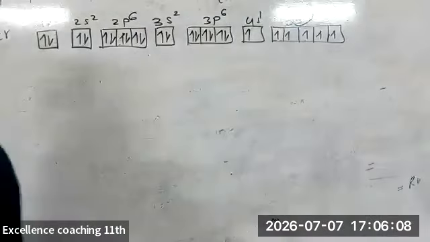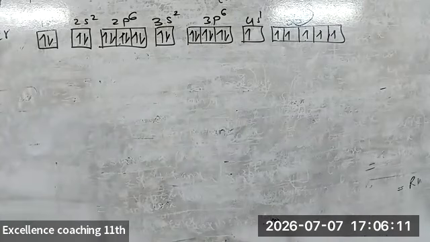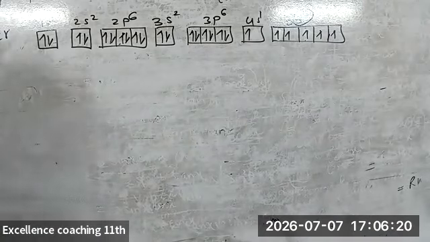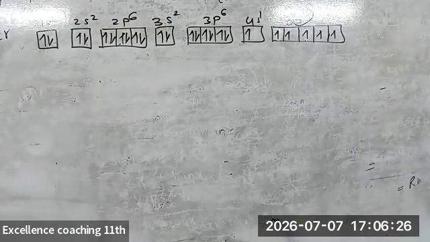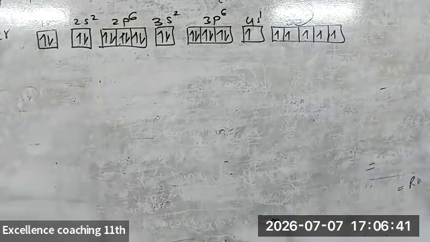As a result, one electron from 4s jumps to 3d, and chromium attains stable, half-filled d5 configuration.